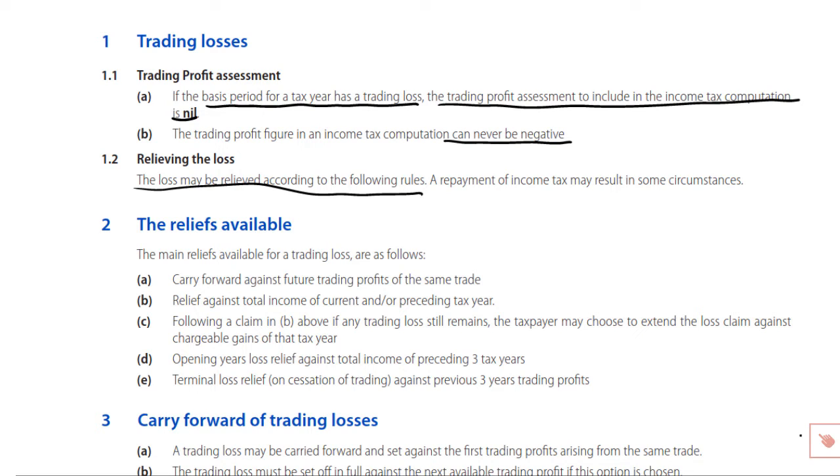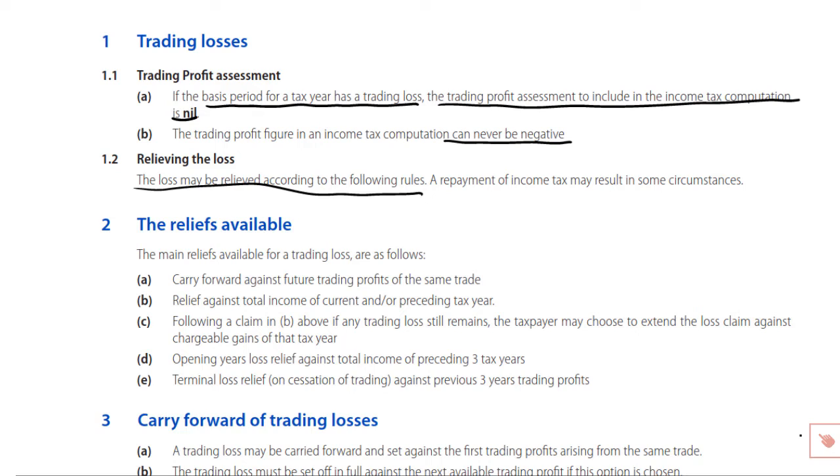And loss relief then becomes a very straightforward exercise where most of your answer involves you copying down information for probably 2, if not 3 tax years from the question and just putting it into your answer format, copying down, and then demonstrating which of the losses you're going to choose to use and why. All of that we'll see within this chapter.